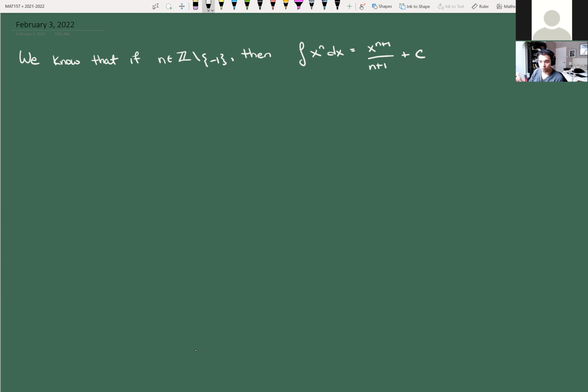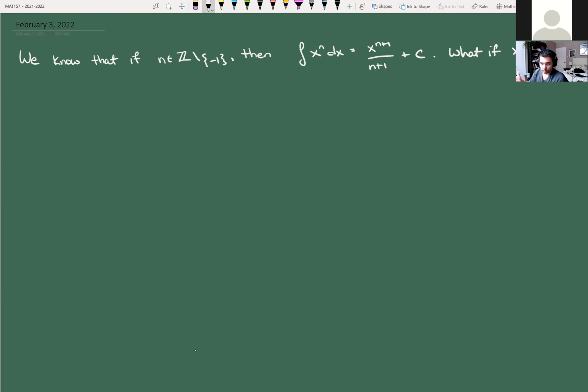And what we're then forced to ask ourselves is, well, what happens if n is equal to -1? As far as this class is concerned, I know some of you might, again, know the answer, but as far as we're concerned, in this class, we don't have an elementary antiderivative for 1 over x, right?